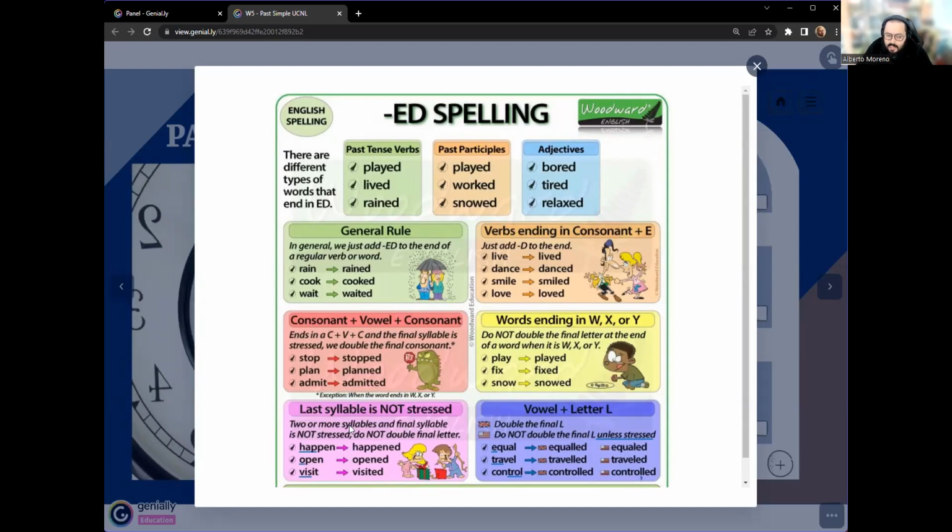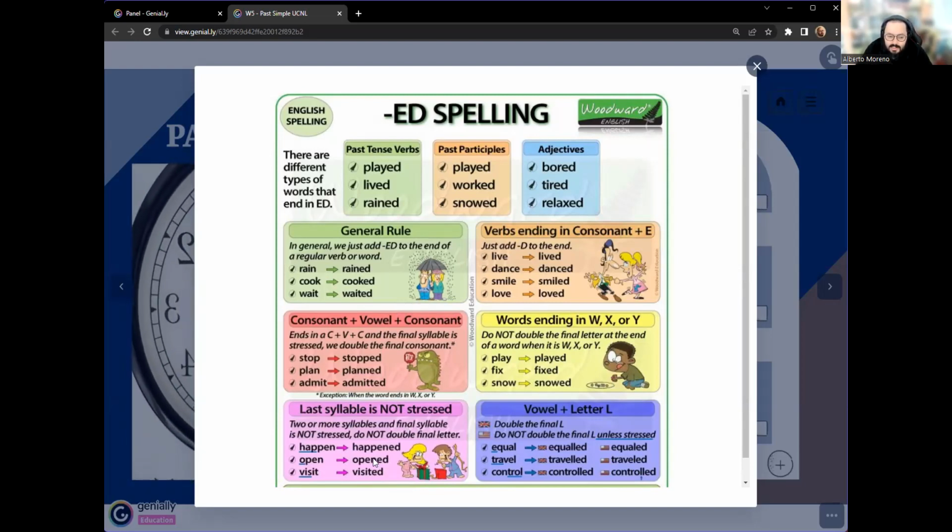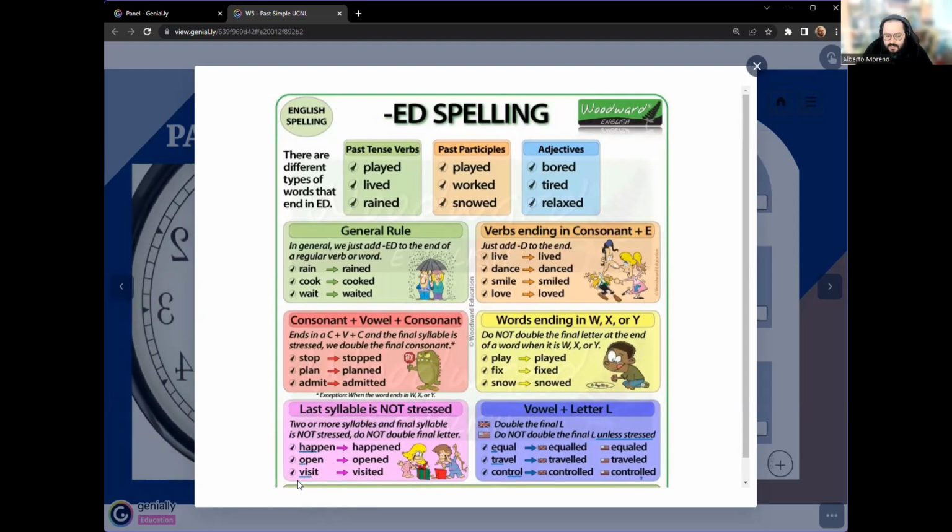Y bueno, hay otra regla que nos menciona que si la última sílaba no es la sílaba tónica, solamente se le agrega la terminación ed, que es lo que sucede con happen, open, visit, que su sílaba tónica es la primera. Estas pasan a ser happened, opened, o visited, con terminación ed solamente.